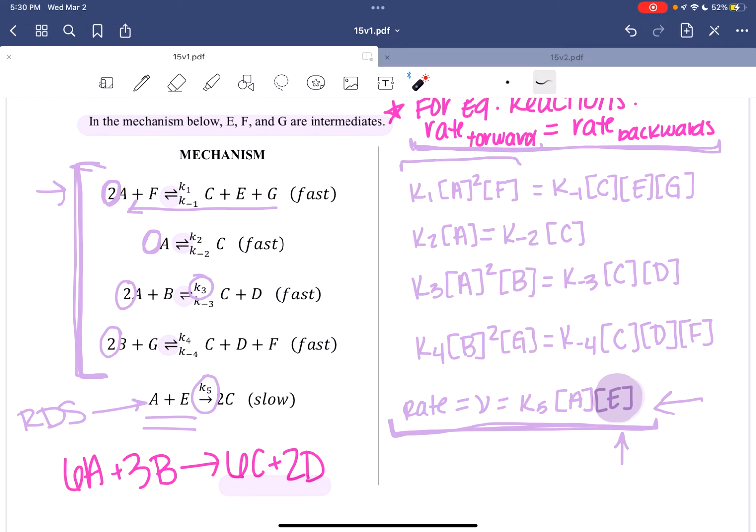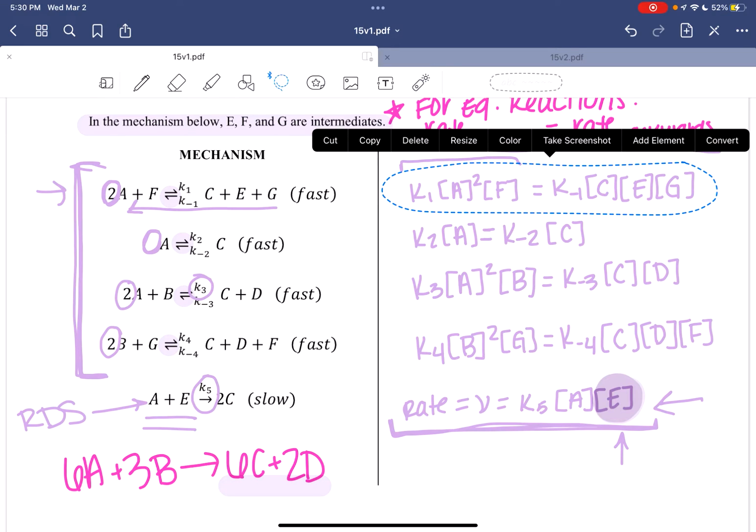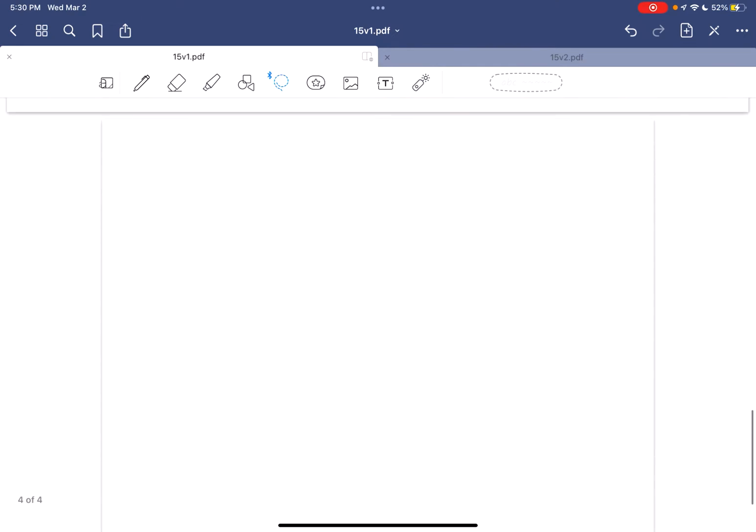So the only rate law expression that we have for all of the fast reactions that contains E is this first rate law here. And it's on the right side of that equation. So what we're going to do is take this expression, and I'll just copy it from here, and I'll get a fresh page.